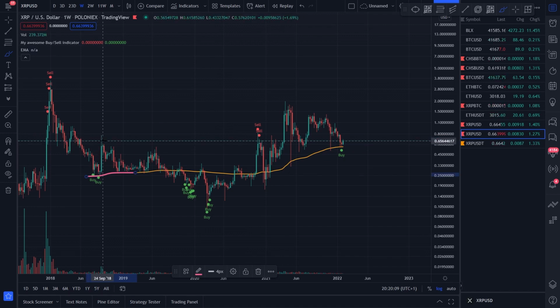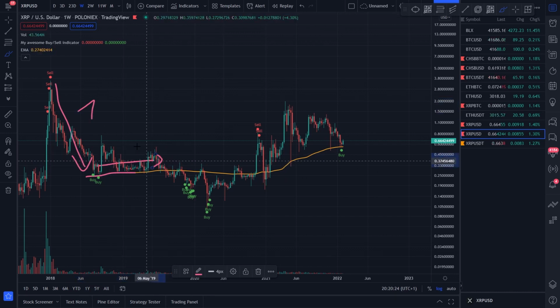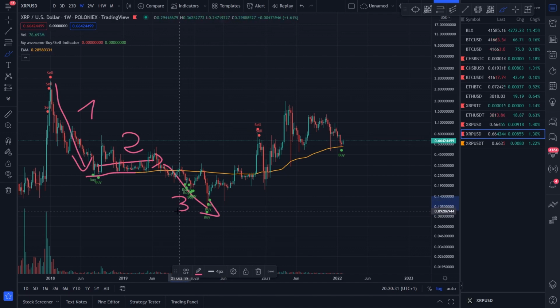This means that in the bear market of XRP, we had one phase going to the moving average, then we used it as a support in phase 2, and then we crossed it, and this was phase 3. But we had an intermediate point just right here with what, guys? With the buy signal.